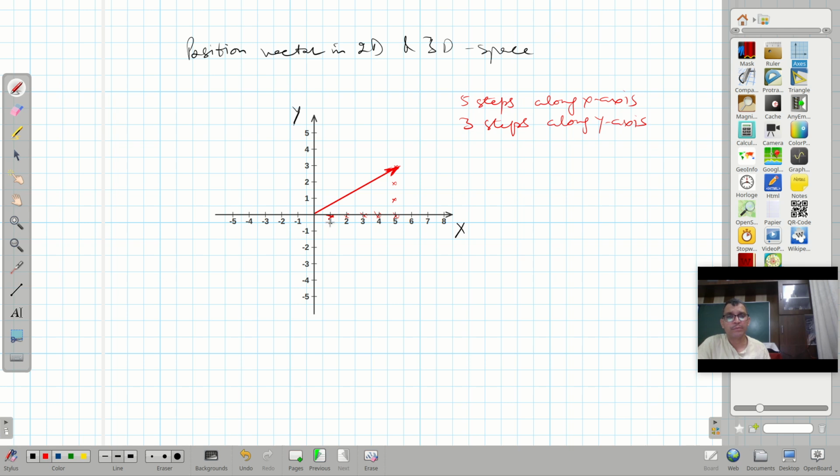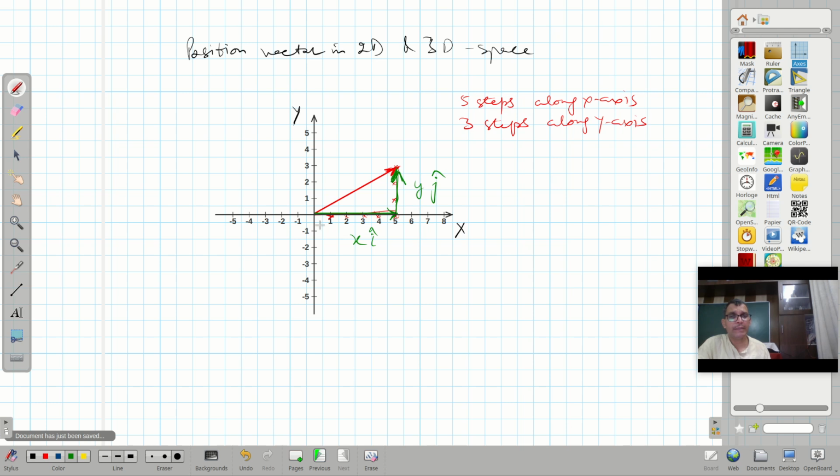If I want to represent it vectorially, that means I am moving, first of all I reach this point, and then I go to this point also. Because I am moving along the x-axis, let us call it x i cap, or the x vector, and I call the other y j cap.